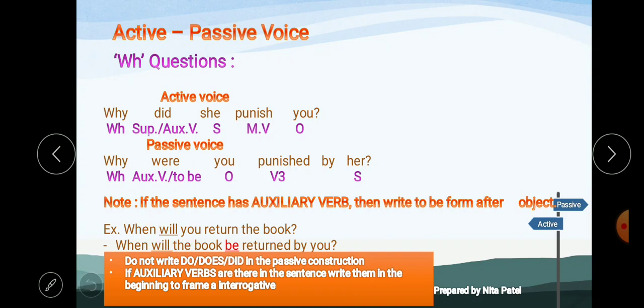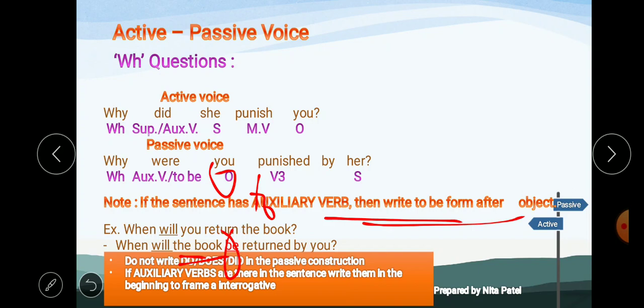I have underlined it: when will you return the book? So when, then our auxiliary verb will, then our object here. Which is the object? The book. Now we'll write the to be form here. In simple future tense the to be form is be.